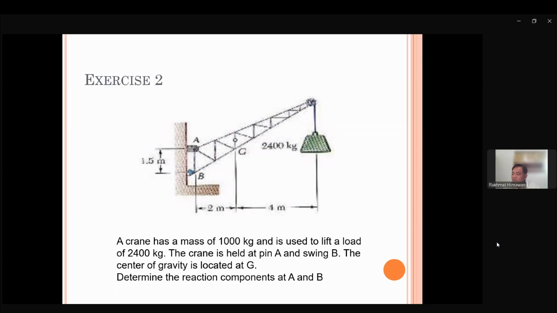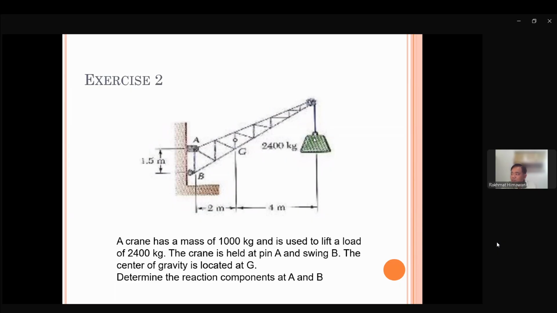From here we can see we are being asked about points A and B, the reactions. So we need to find the free body diagram of point A and of point B. We also have the center of mass of this structure, G, which has the mass. We also have the load point, which isn't shown here, but we know this is the load, 2,400 kilogram. So there is an action force here.